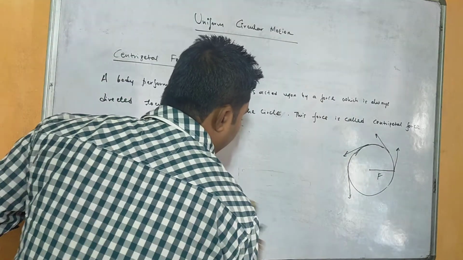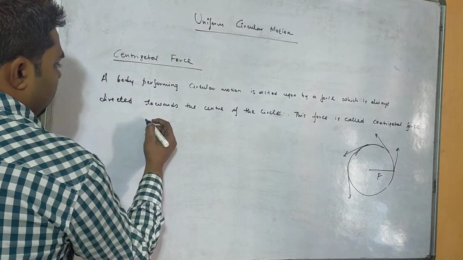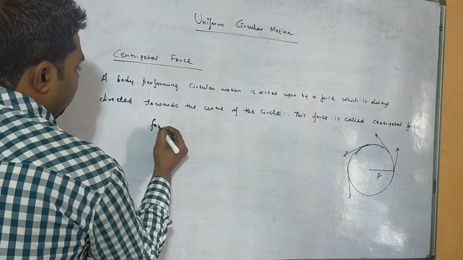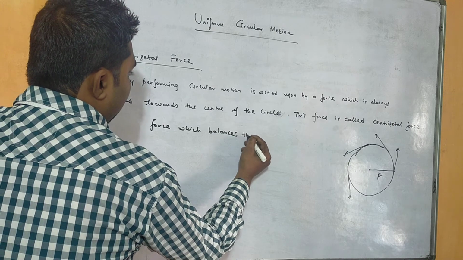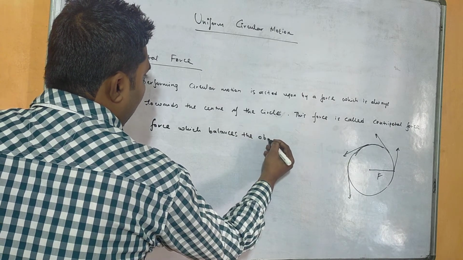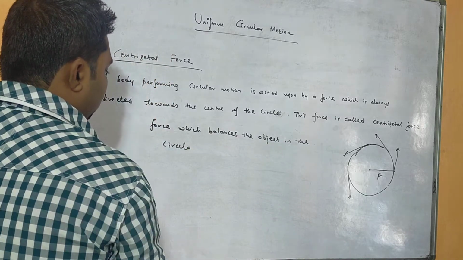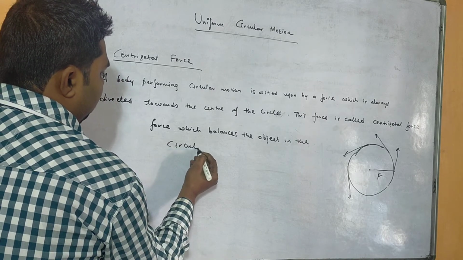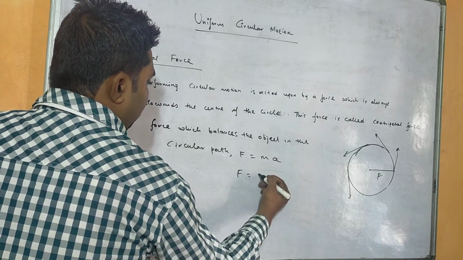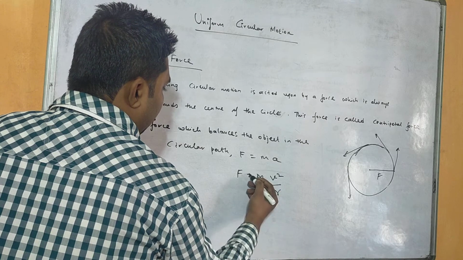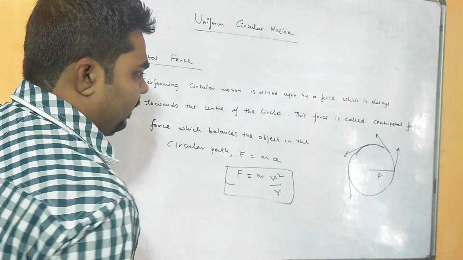Okay, so the force which balances the object in the circular path is F equals ma. F equals m as it is. What was acceleration? v square by r. Okay, so this was the centripetal acceleration.